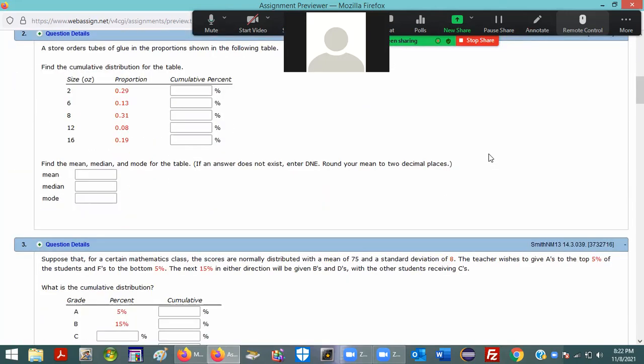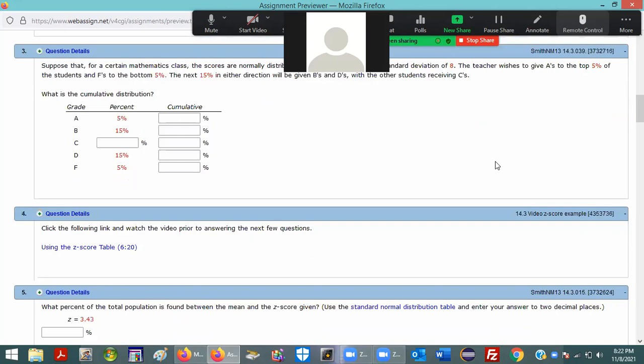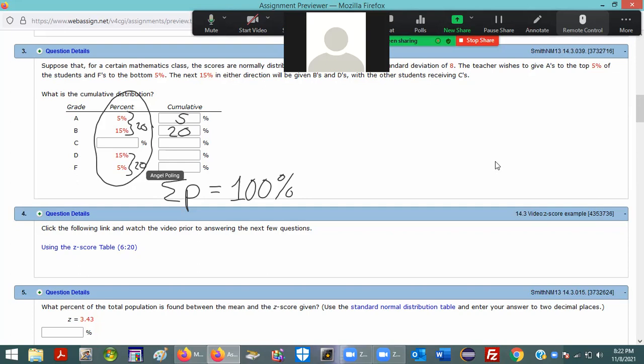Number 2 is similar, right? So I'm just going to skip that one. Number 3, you have to do a little extra work, right? In the last problem, we said that the sum of P is 1 or 100%. And so what we have here is first 5%, 5 plus 15 is 20%. So we have 20% here and 20% here, right?